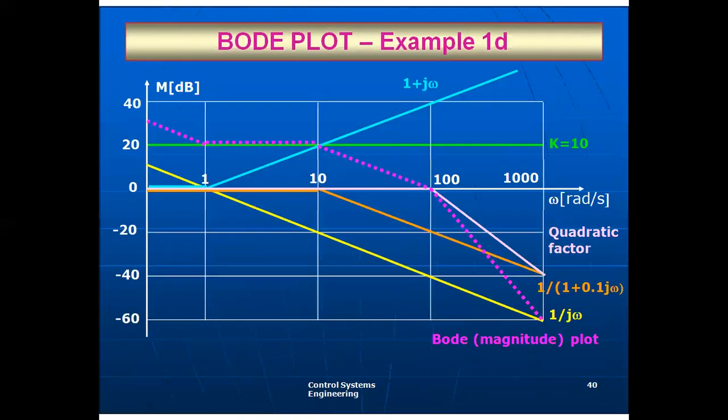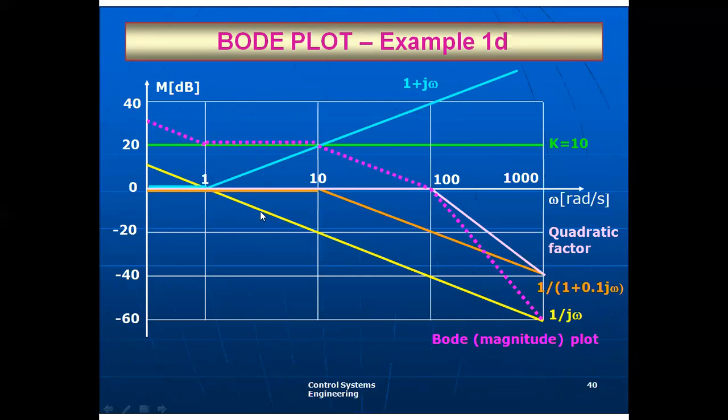Here, you can see that this 1 plus j omega, starting at this point when omega equals 1, contributes plus 20 decibel per decade. So for each decade, the magnitude difference will be 20 decibel. Okay.